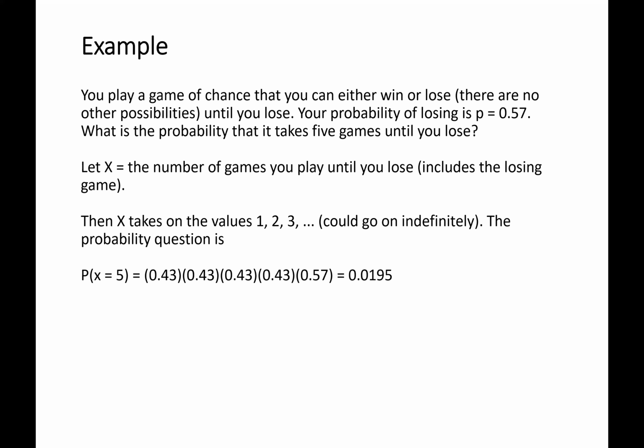And obviously, when you're playing a game of chance, losing is not necessarily successful. But in the concept of the geometric distribution, losing is a success because that's when you're going to stop.